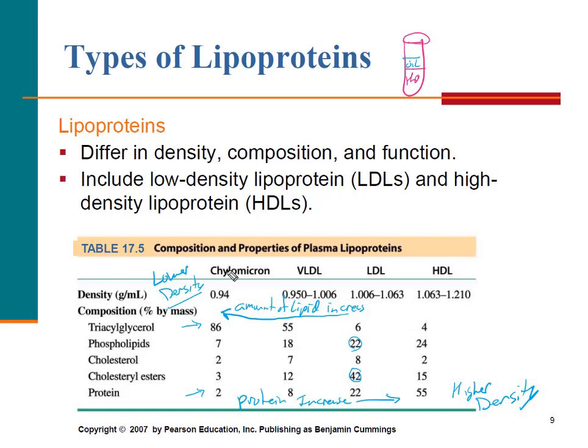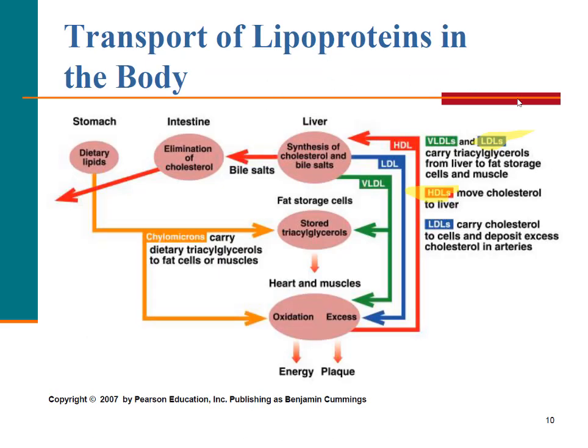Recognize that chylomicrons are the lowest. LDLs and HDLs are probably the two most important, but they're not just differentiated based upon their densities, they're also differentiated by the proteins present in each. They simply have different proteins in them. Here is where those proteins make a difference.